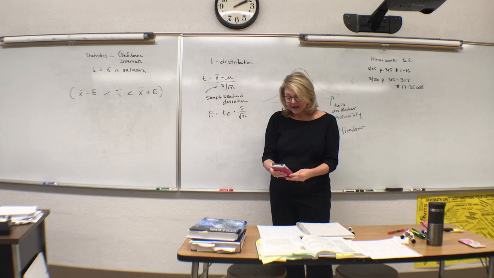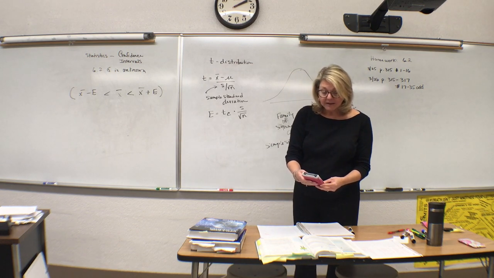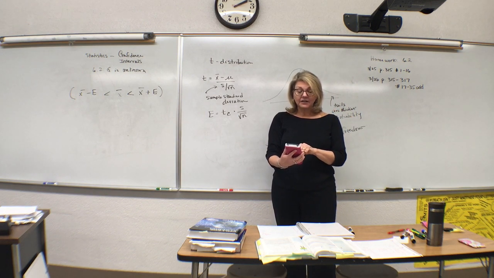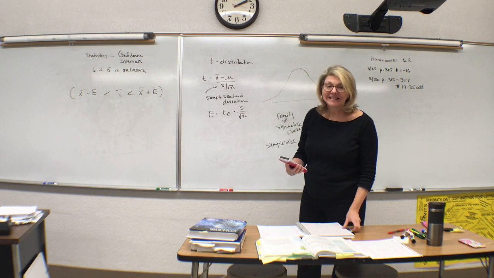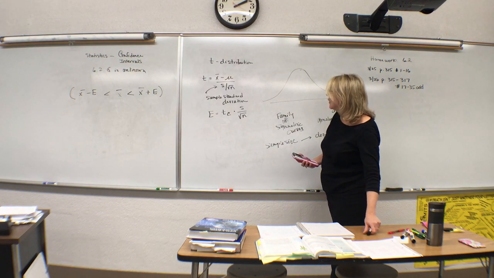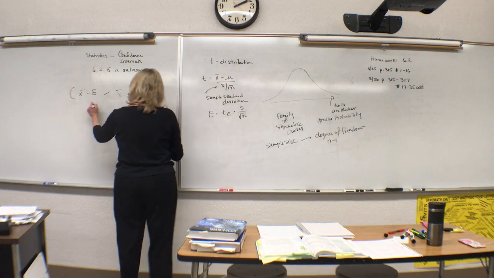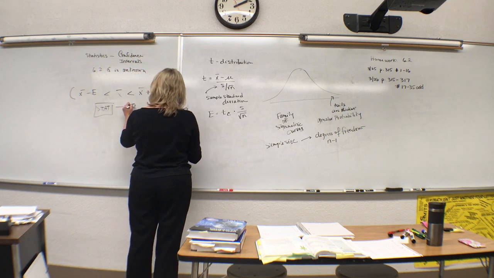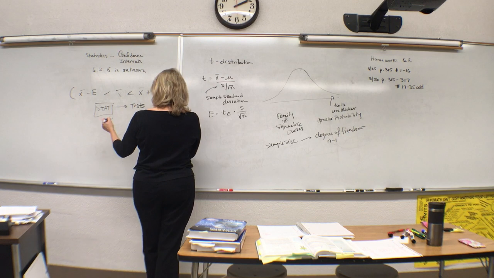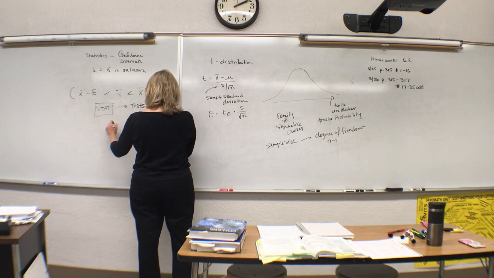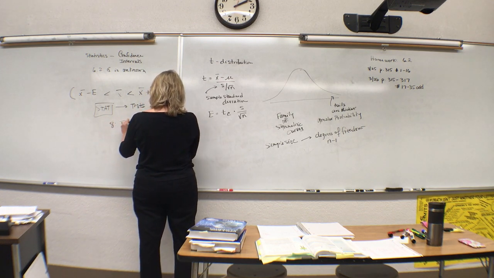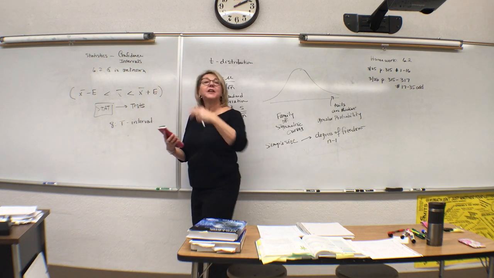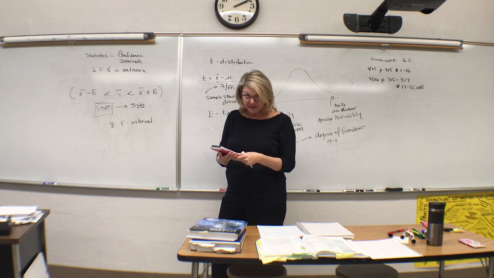Please go back into the calculator, hit your stat button. This time, however, under tests, arrow all the way down to item number 8, which is the t interval. Again, your calculator knows now that you don't have sigma.